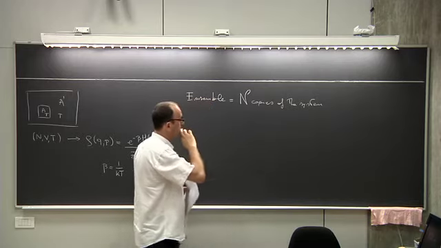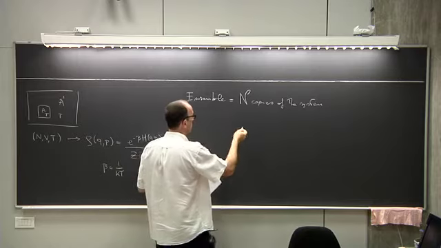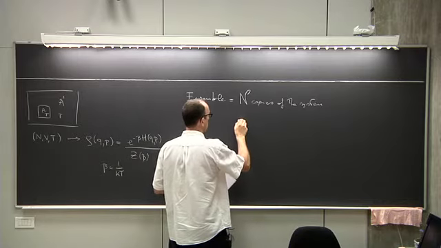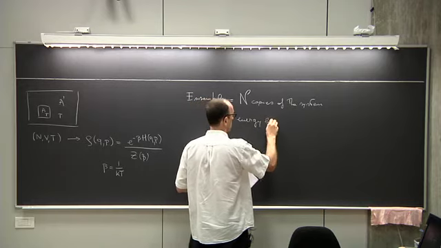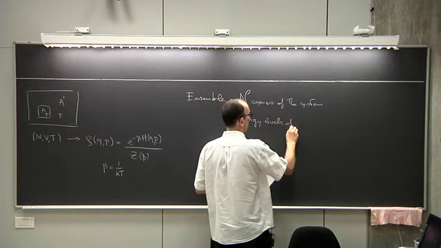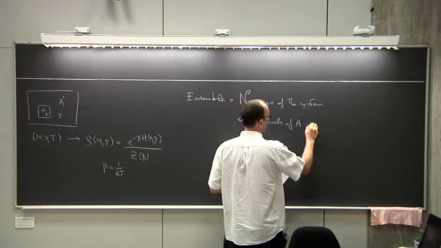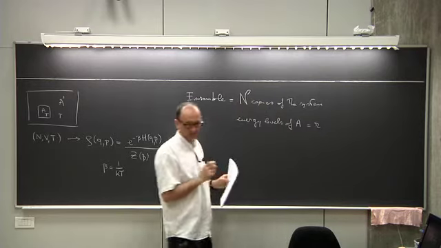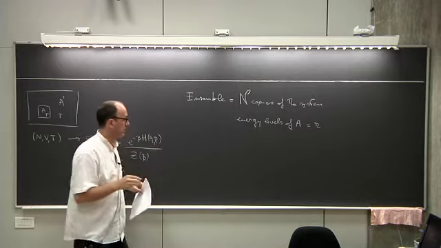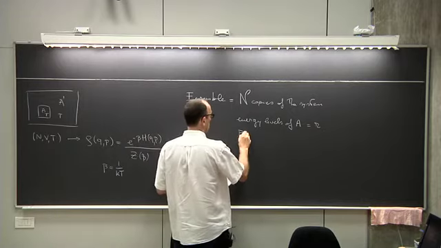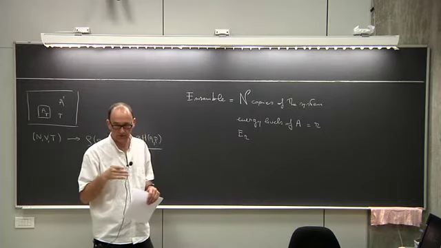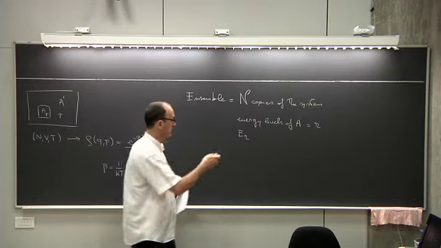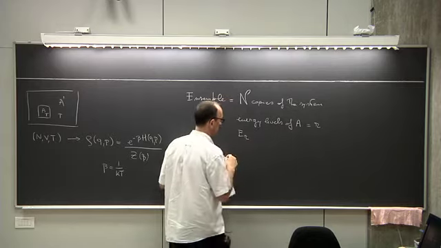So there are a certain number of energy levels of the system A, which I will label by R, and E_R is the energy of the system in the Rth energy level.